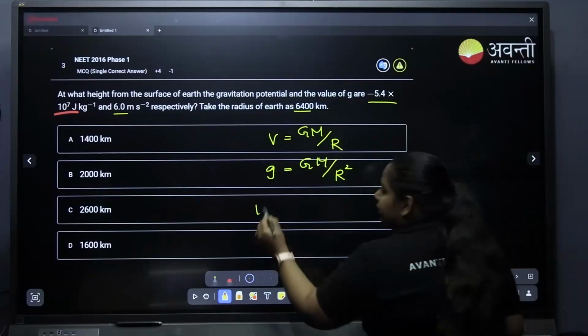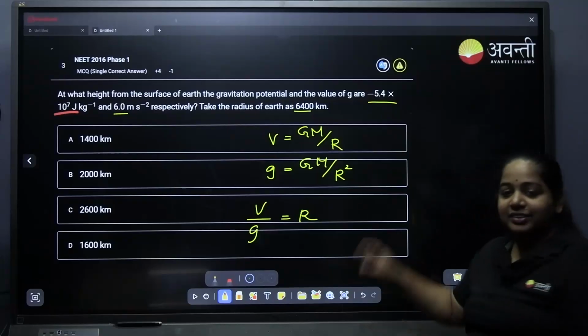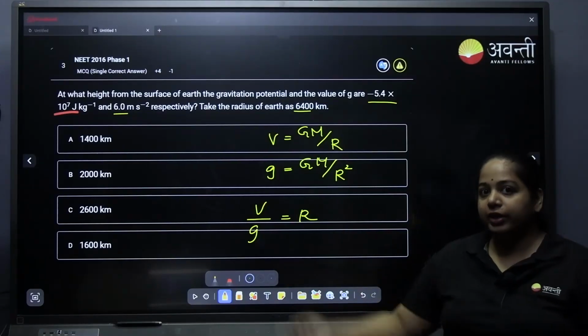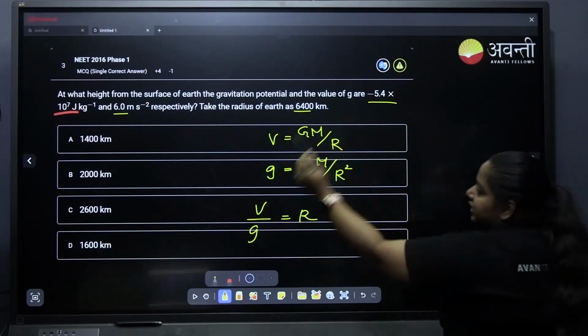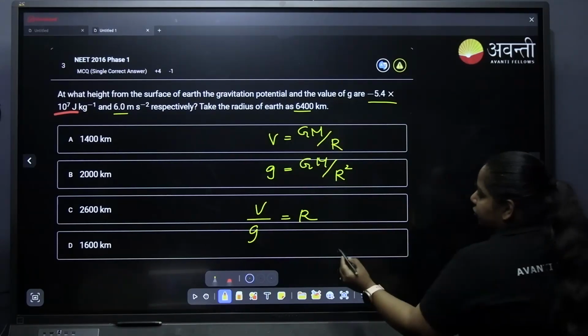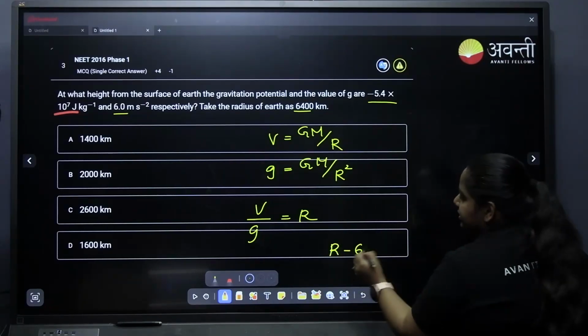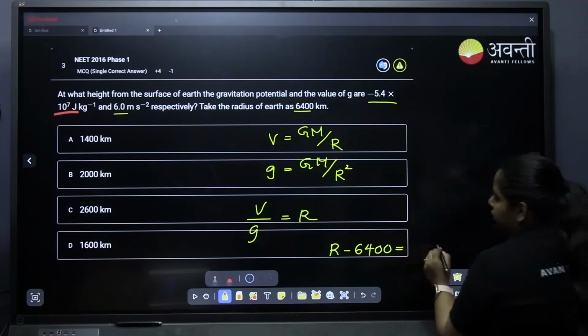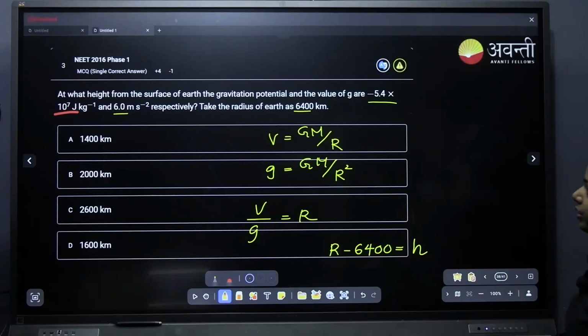So we will find V by g. V by g is equal to R. This is the distance from the center of Earth. Okay. V is given, g is given. Now if you want to find from the surface of Earth, if you do R minus 6400, you will get the distance from the surface of Earth. Substitute and find.